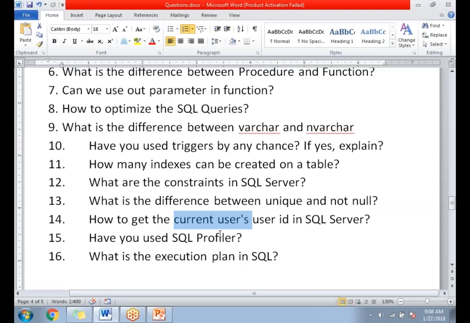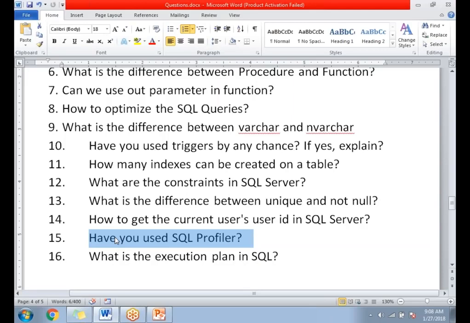Next. Have you used a SQL profiler? Yes, for SQL developers, the profiler is one of the important GUI, graphical user interfaces, which helps us identify what queries are running on the current SQL server instance. There might be some unwanted or unused queries running.